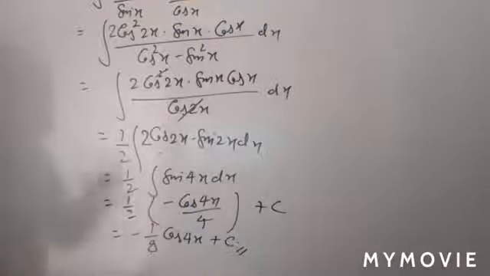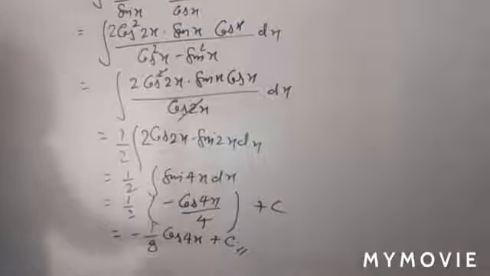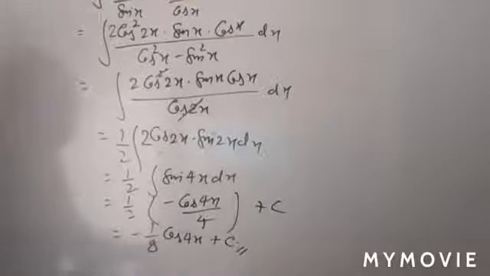Your purpose is only to reduce it in such a way that it is the same as the standard form. Here you have some questions of integration based on inverse trigonometric functions, but that will not be in your syllabus. So that's why I skip all those questions. So write the next question.